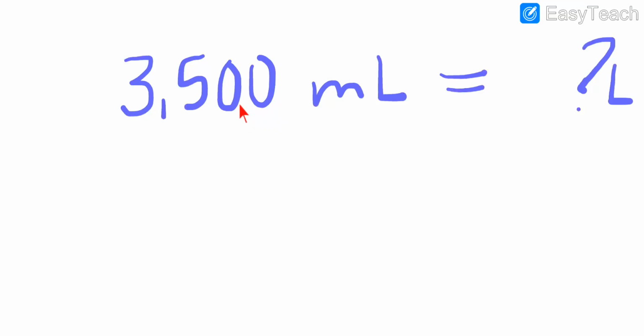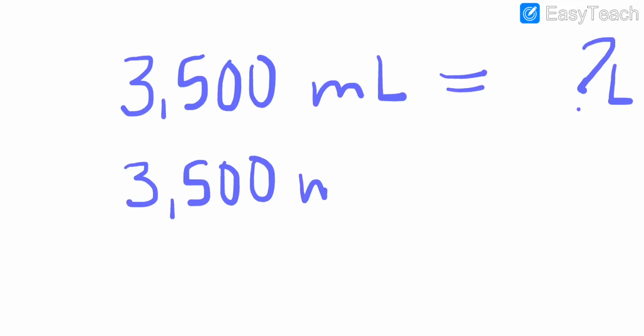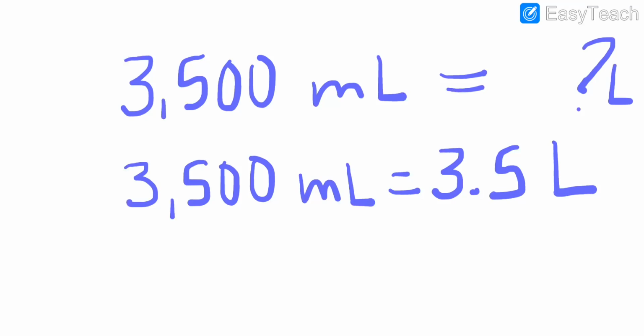So that's 1, 2, 3. So basically my comma is going to become my decimal point. And I know that 3,500 milliliters equals 3.5 liters, which would be the same as if I had divided by 1,000, which is what we are technically doing.